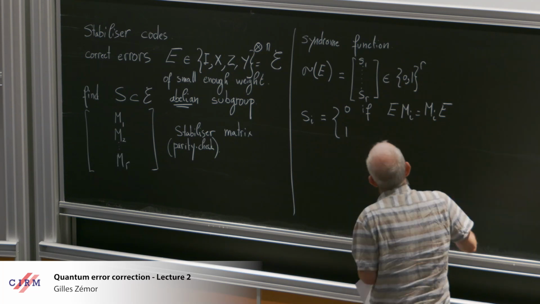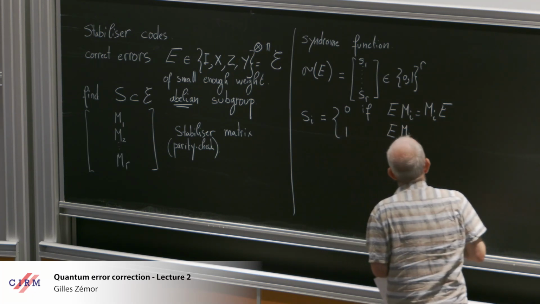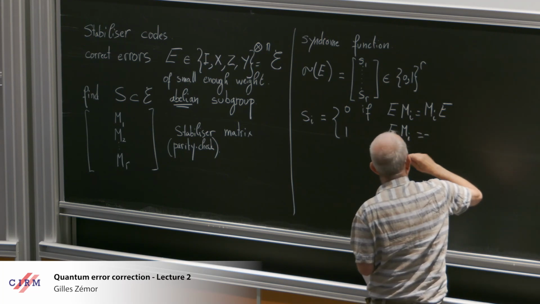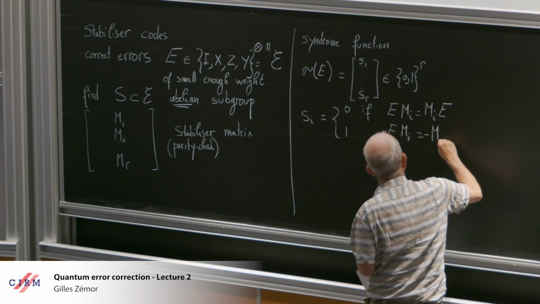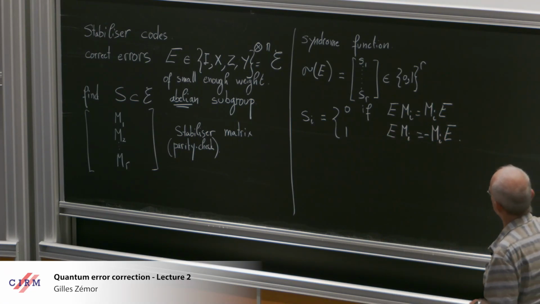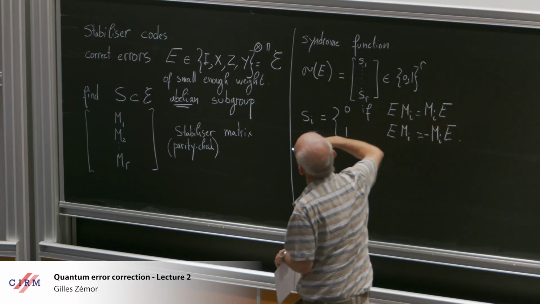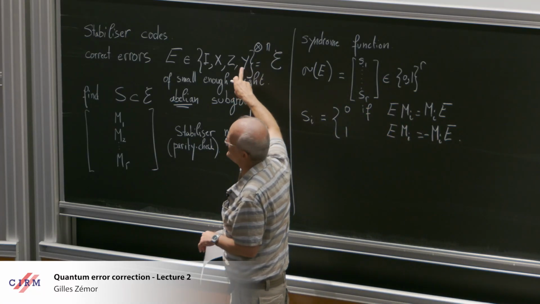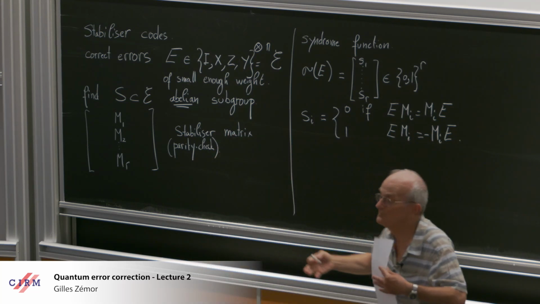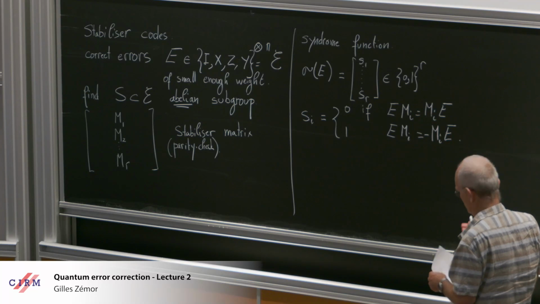And we declare it to be 1 if E does not commute with Mi, which means it anti-commutes with Mi. Because E and the Mi's all belong to this set of operators, like we said last time, they either commute or anti-commute. There's no other possibility.